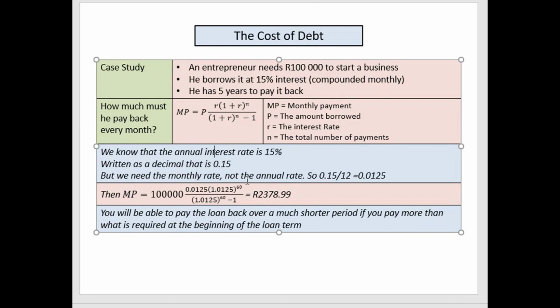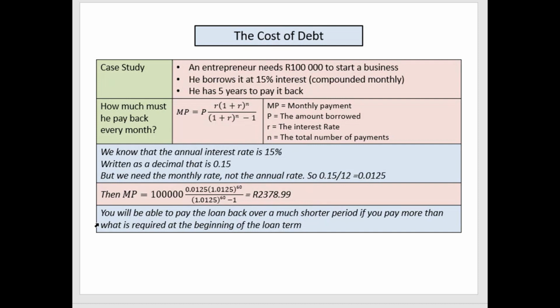Okay, but we need the monthly rate, not the annual rate, so we have to divide it by 12. Okay, because we're looking at monthly repayments. Then we just replace the figures, and that's then our monthly repayment. It simply is 2,378 rand and 99 cents, or really 2,379.